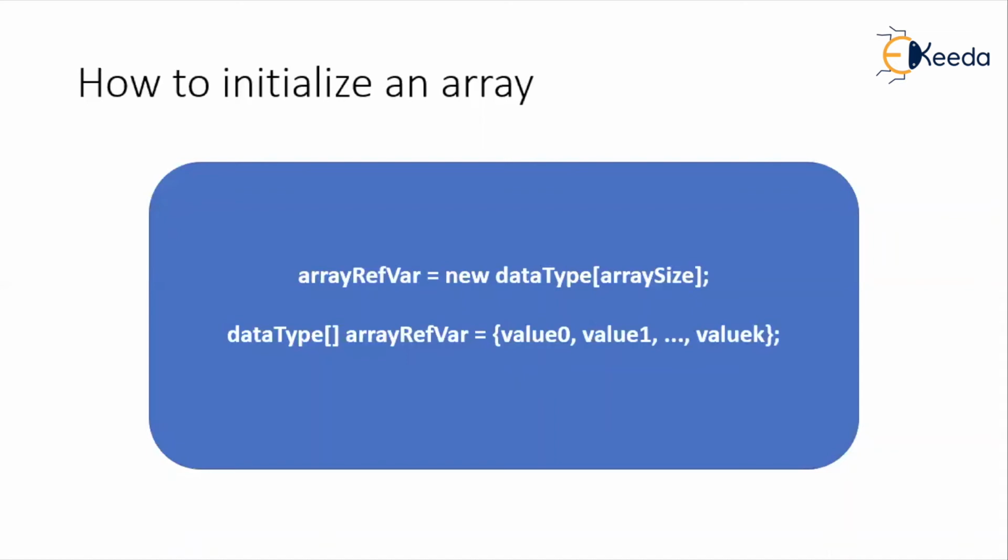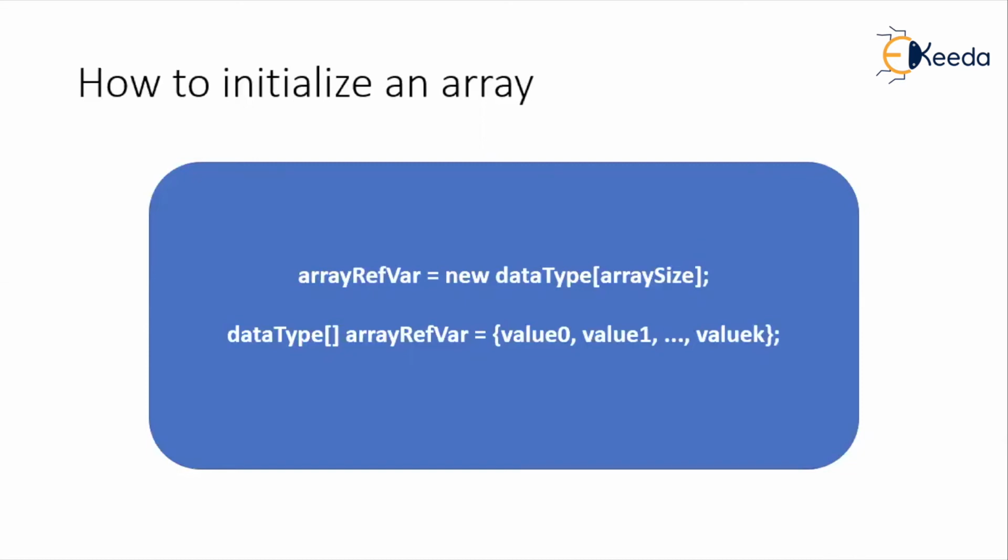For initialization, there are two ways. One way is array name equal to new data type, and in the square bracket we specify the array size. The array size is nothing but the number of elements which will be stored in that particular array.